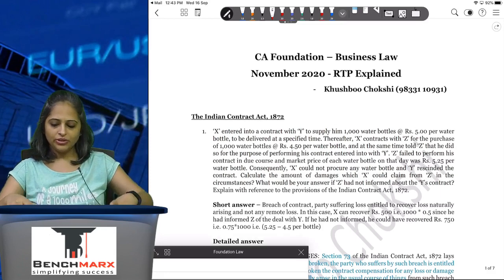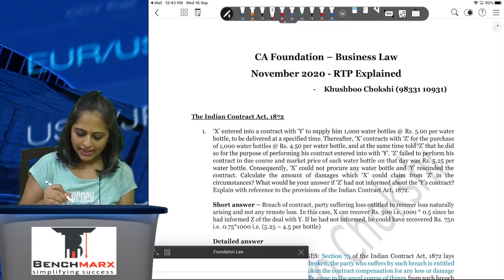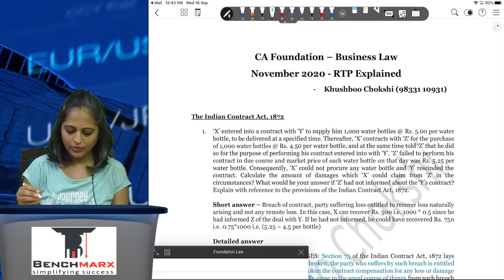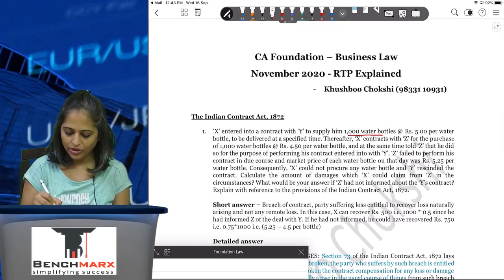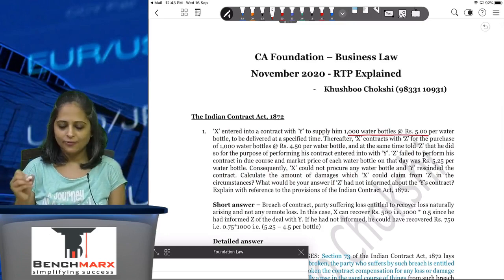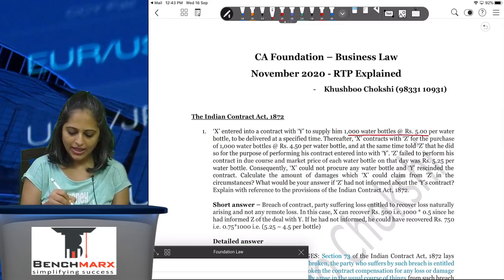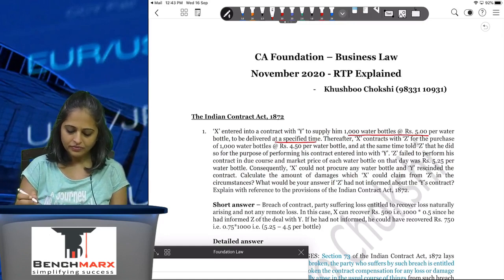Okay, so going to the first question, X entered into a contract with Y to supply him 1000 water bottles at rupees 5 per water bottle to be delivered at a specific time.